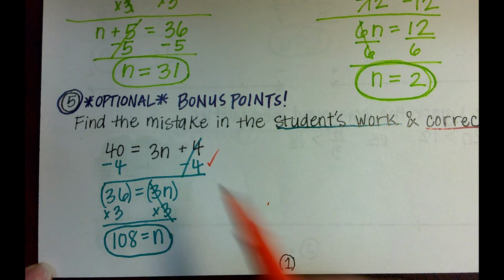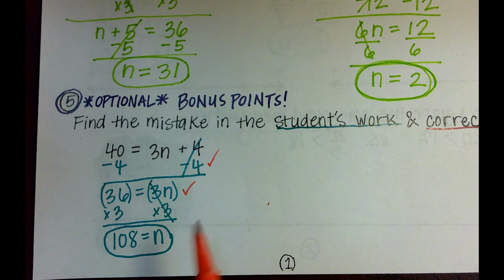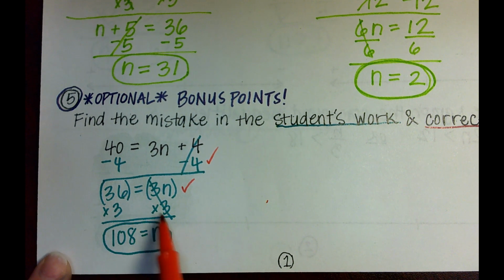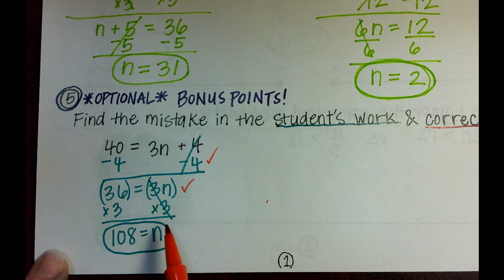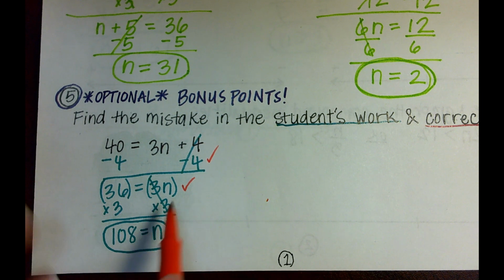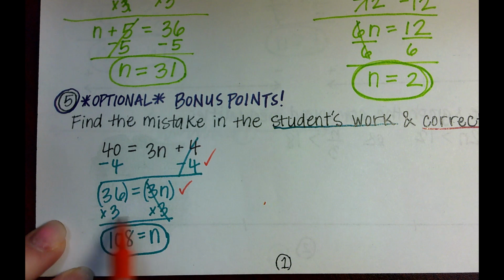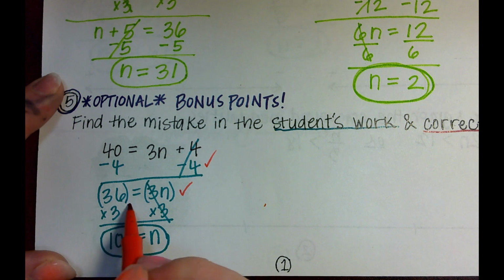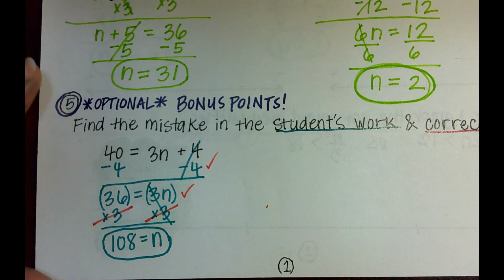Yes. Okay, great. Then it looks like the student multiplied by 3 on both sides. Just divide. Good catch. So this is incorrect. To correct the student's work, everyone has different grading methods, but I would cross off the step they did wrong.